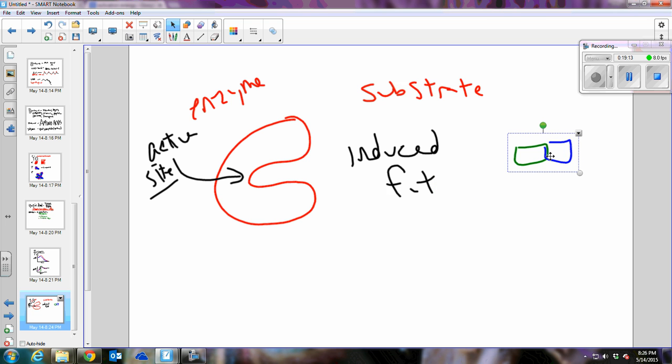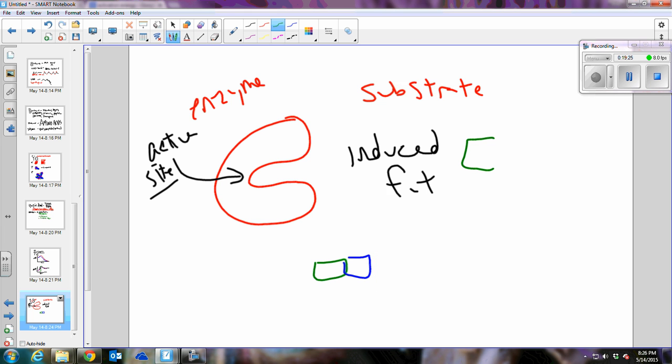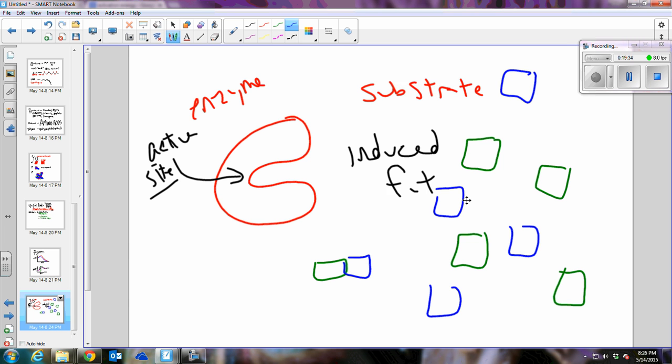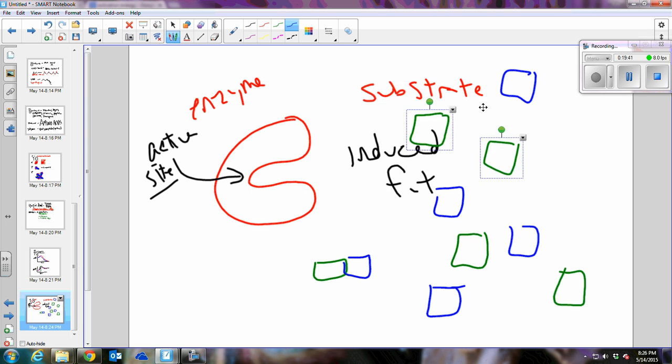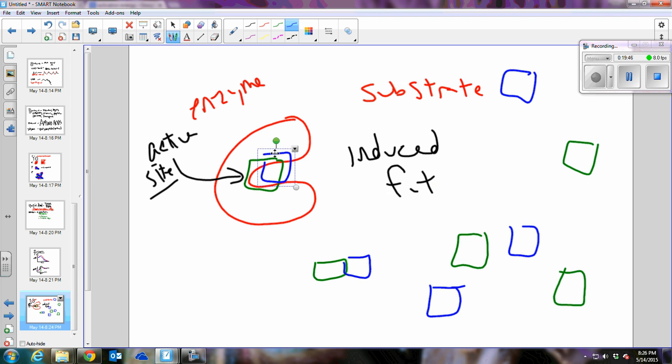Now, notice what happened. The enzyme is unchanged, but the substrate is now changed. And so if you had lots of substrate out here floating around, this one enzyme could do the work of combining every single one of these pairs until the work was done.